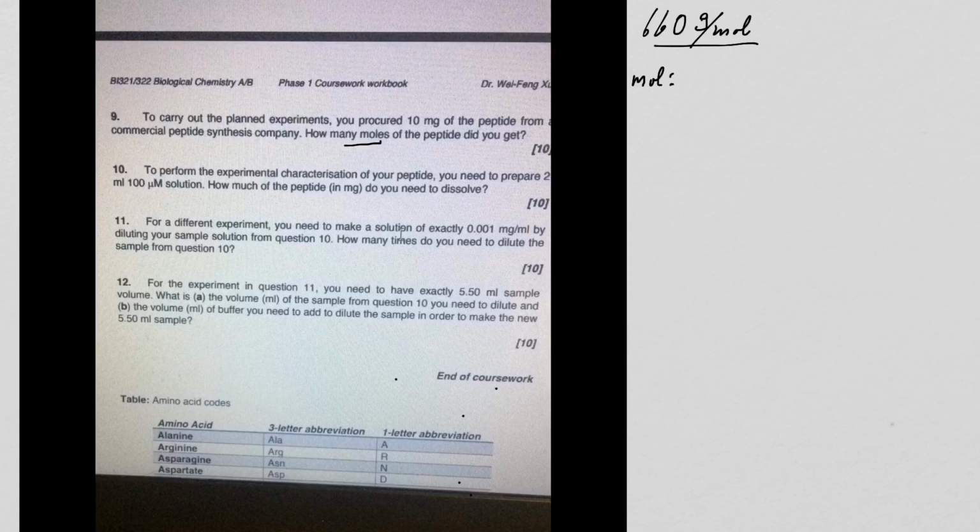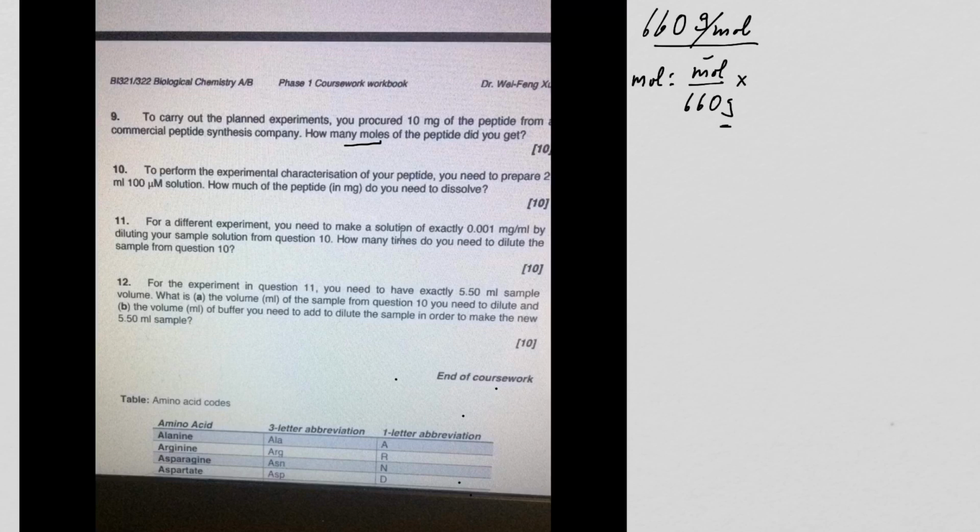So we write it as mole divided by 660 gram. Now the mole is in the right position, but we need to get rid of the gram.